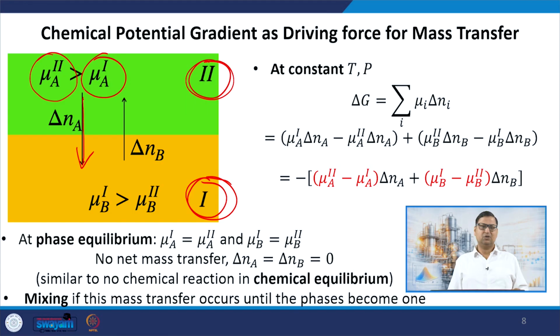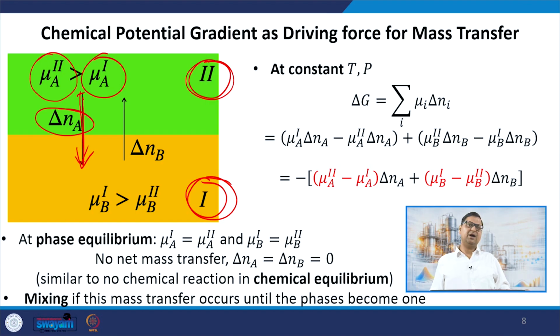So, A will go from top to bottom, 2 to 1. Let us say delta Na is the number of moles that is going in that small time, right. So, I am switching from number of molecules to the number of moles. It is only a difference of a factor of Avogadro number, that is a constant anyway.